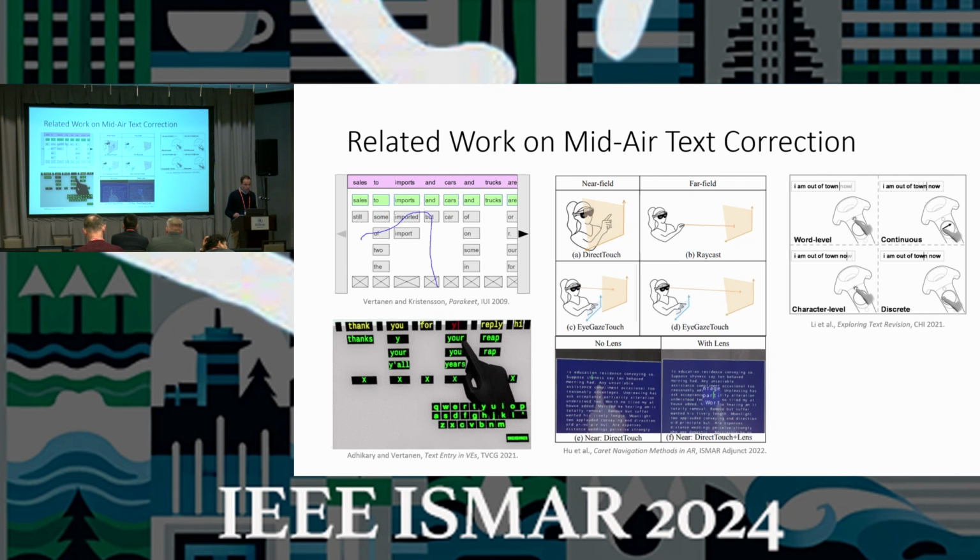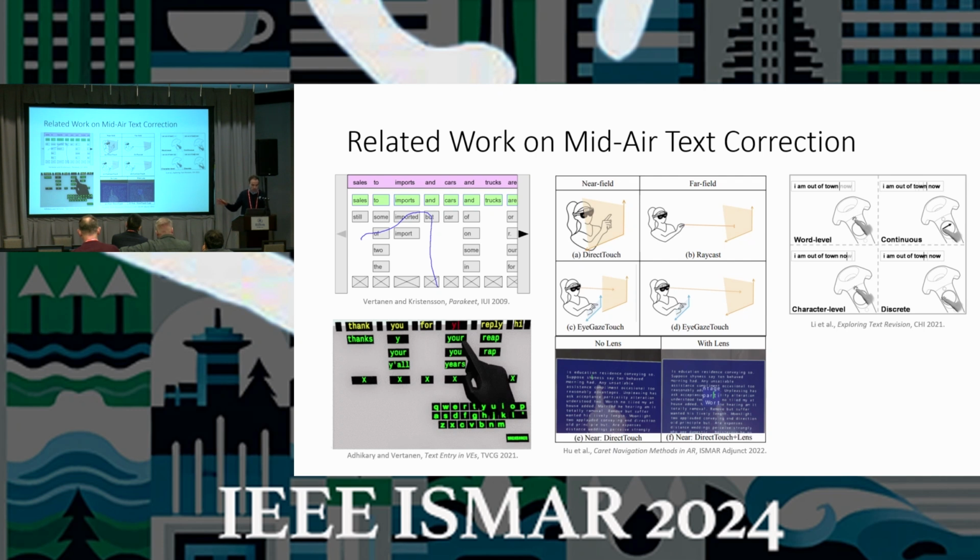So there obviously has been some prior work in text correction, and a lot of work in the desktop space, entering on a physical keyboard, more recent work on text entry on a smartphone, but actually very little work specifically focusing on mid-air text correction.